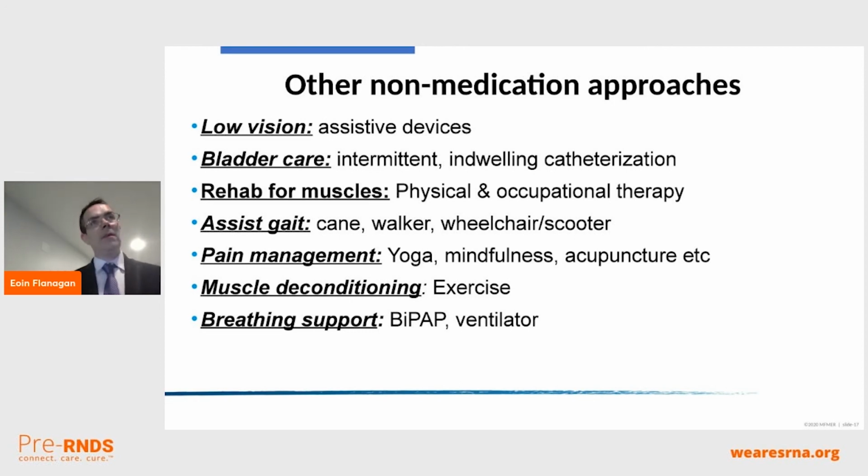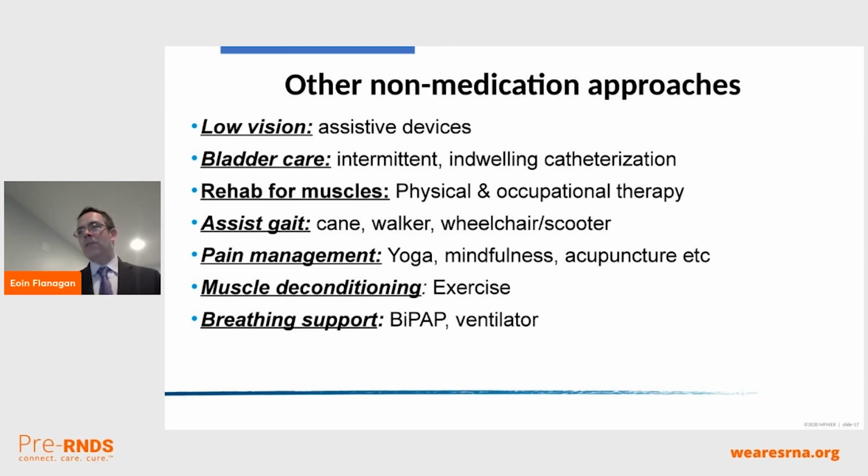We will sometimes have our patients go to see physical therapy and occupational therapy to rehab their muscles. And then sometimes patients will need an assistant device like a cane or walker, as outlined here. And then we have non-medication options for pain management that are outlined here. And exercise is also going to be very, very beneficial. And sometimes a recumbent bike can be used if patients have imbalance, so that could be an option.